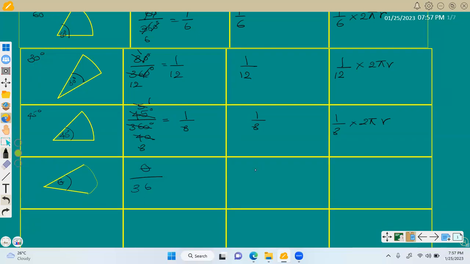Then the simplified one is theta upon 360 as it is. Then we know that the angle at the center upon 360 is multiplied by the 2πr. Okay, did you understand that?